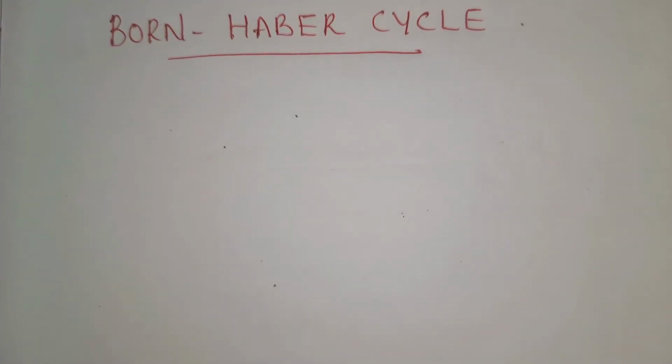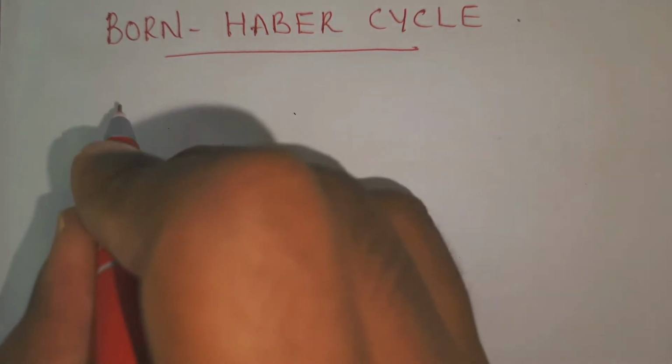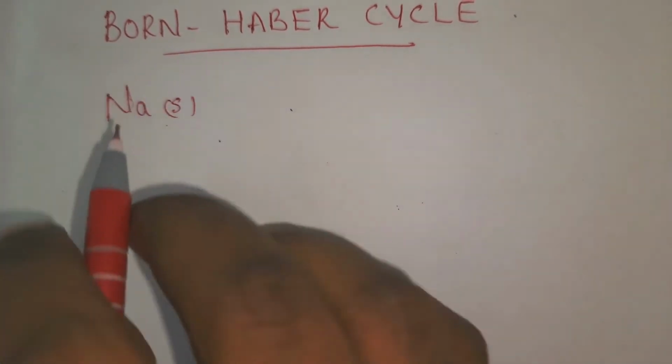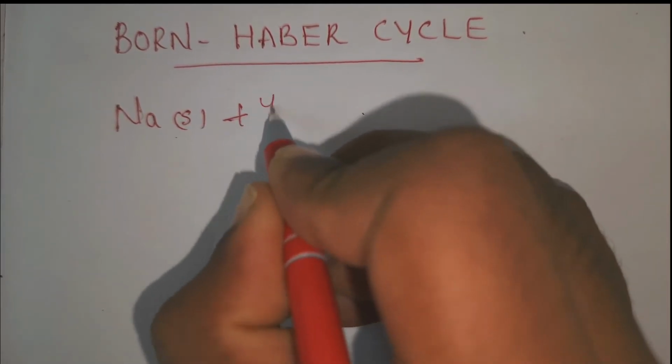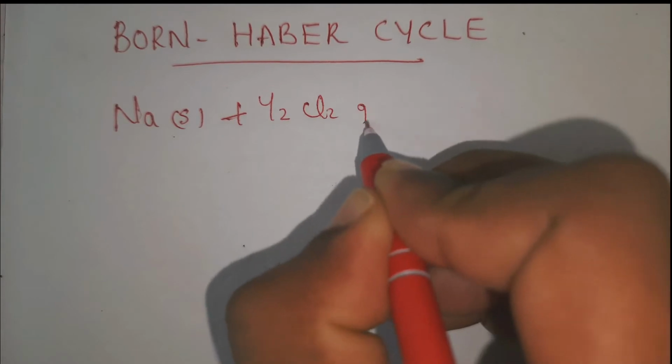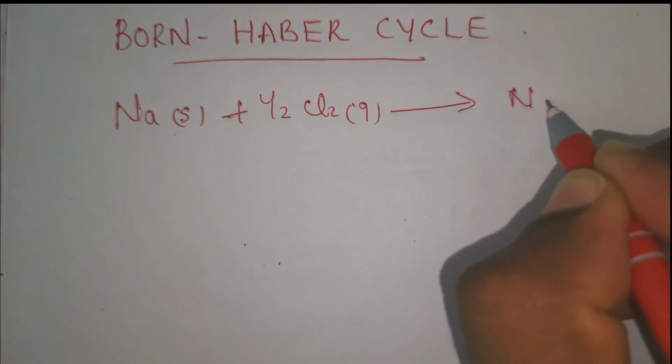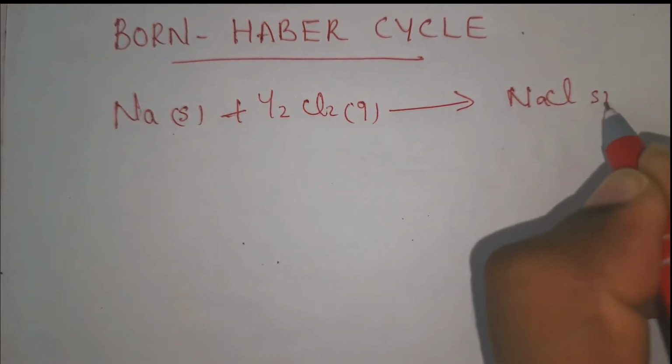Students, so we'll see how to find the lattice enthalpy for NaCl using the Born-Haber cycle. First, write Na, sodium in solid state, plus half Cl2 in gaseous state, and it will give NaCl in solid state.